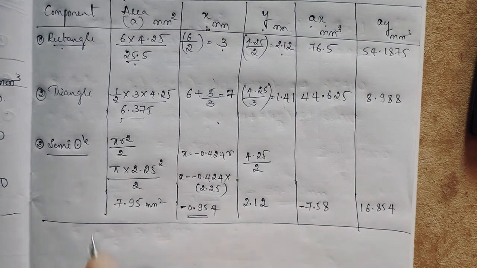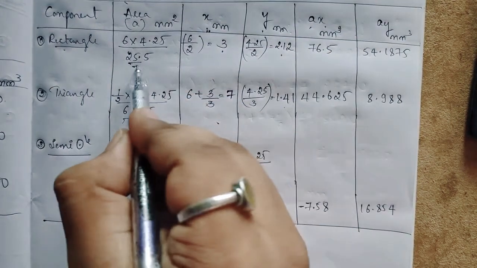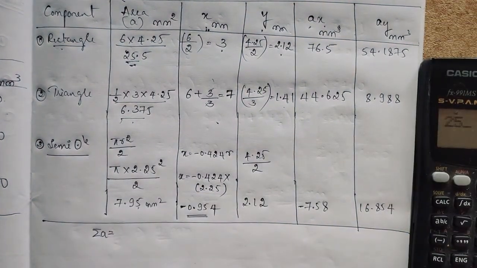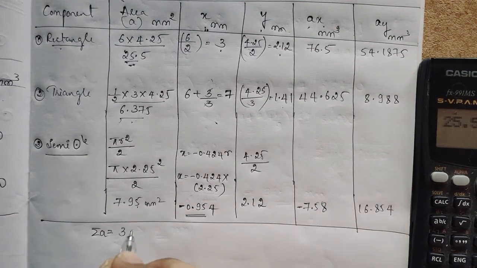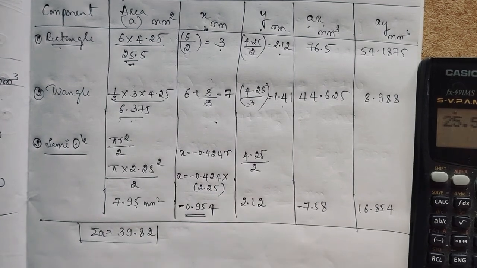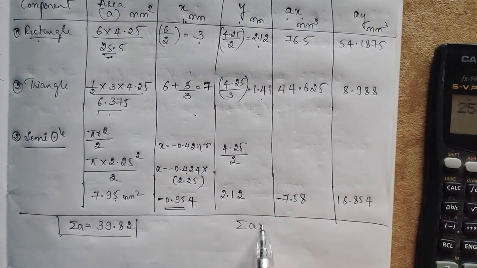Now what do we want? We want the summation of area, 25 plus this. When I add them, I'll get 39.82 as summation of a. Now summation of a into x.